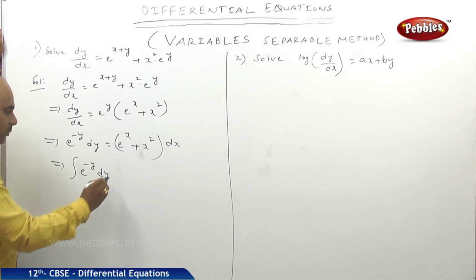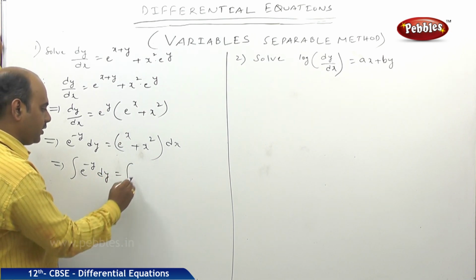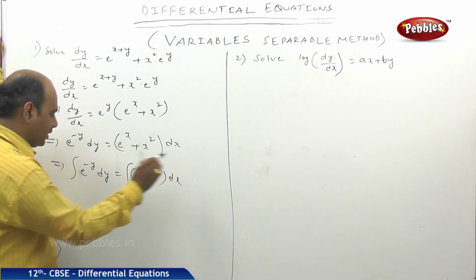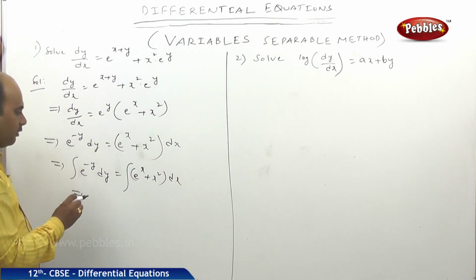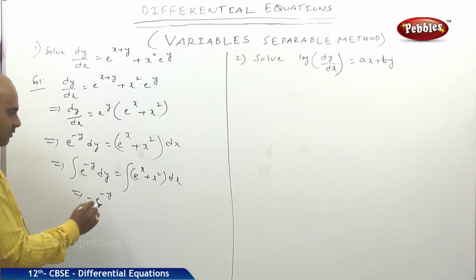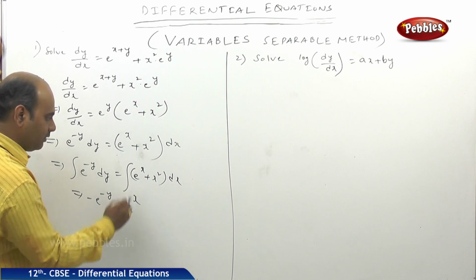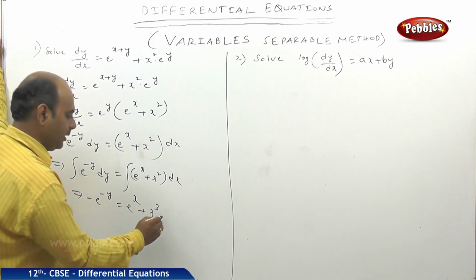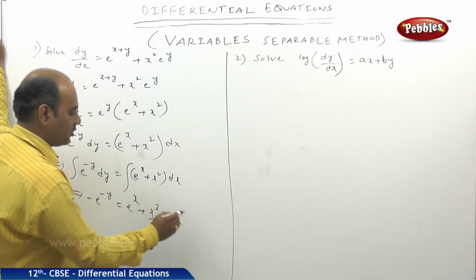So integral of e power minus y dy is equal to integral of e power x plus x square dx. The integral of e power minus y dy means minus e power minus y, is equal to e power x plus the integral of x square, which is x cube by 3, plus some constant.